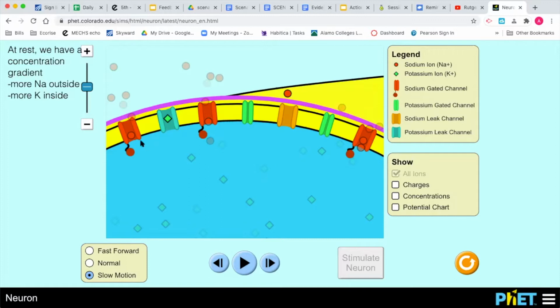Now these channel proteins are voltage gated. So when you have changes in charge, and we're going to look at how that works after this, they're going to open, right? You don't have to have a molecule come and bond with the protein. So the sodium channel proteins open. So that's going to be our first step.